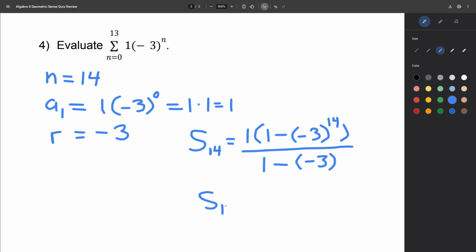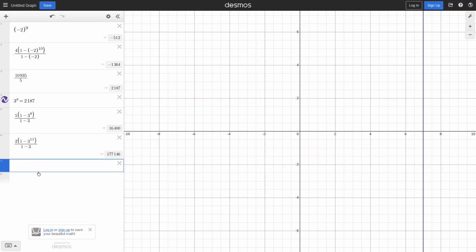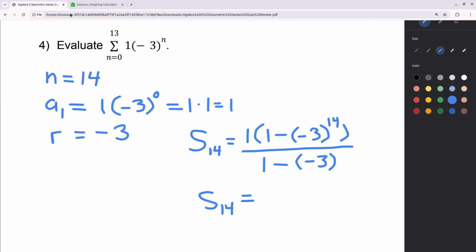So the sum of the 14 terms is going to equal, let's do Desmos. And we get 2,391,484.